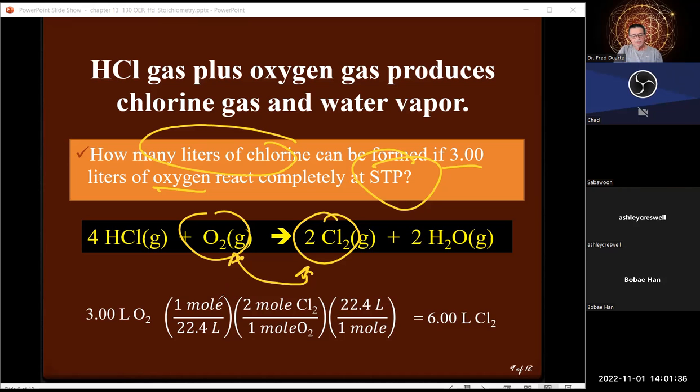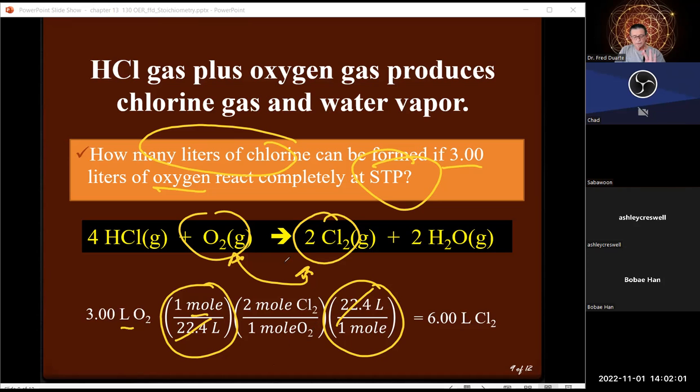Why is that? Because the first 22.4 liters converts the first liters to moles, and then at the end, you have to use it again to cancel it out. But they cancel each other out, don't they? So all you have to really worry about is the stoichiometric relationship in between the two.